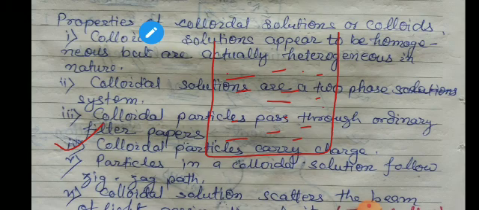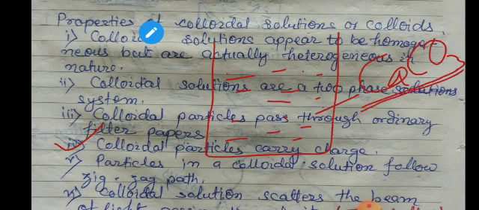In lime water, all the calcium carbonate particles are spread through the medium uniformly, and they contain the same charge, like charges. You know the property of like charges is that they repel each other.